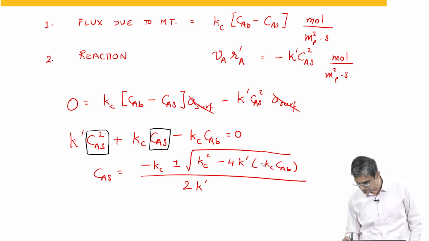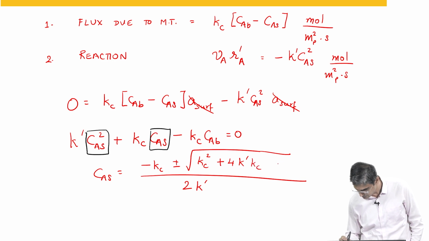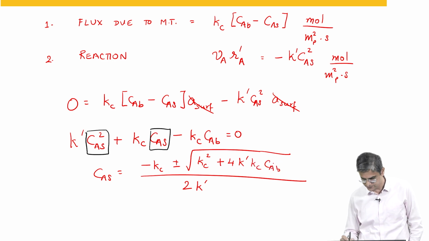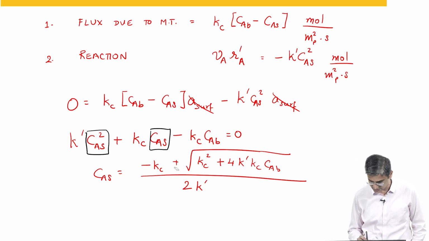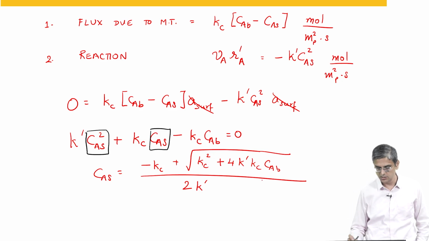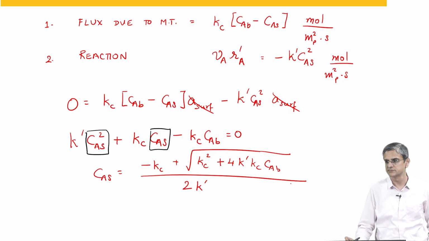So this minus and minus sign becomes plus K dash Kc CAB. If you look at this, this particular value is going to be greater than Kc, so we can safely use the plus sign over here. This is going to be our CAS.